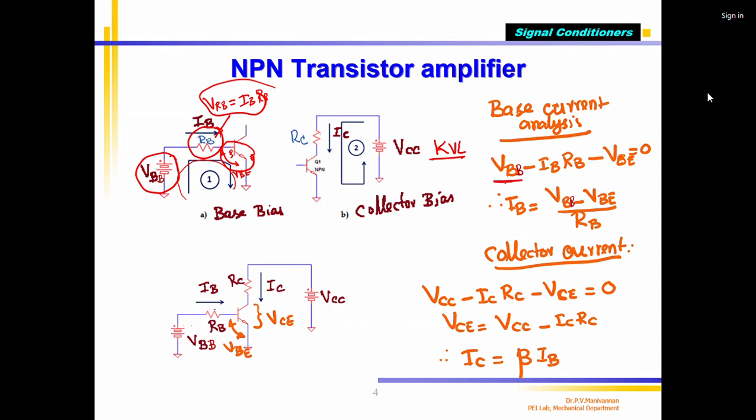So supply voltage VBB minus IB into RB, which is the voltage across this resistor, minus VBE between base and emitter, equals 0. This is equation number 1. From this, I can always get the formula. I want to know what IB is, how much base current I can supply. That I want to calculate.